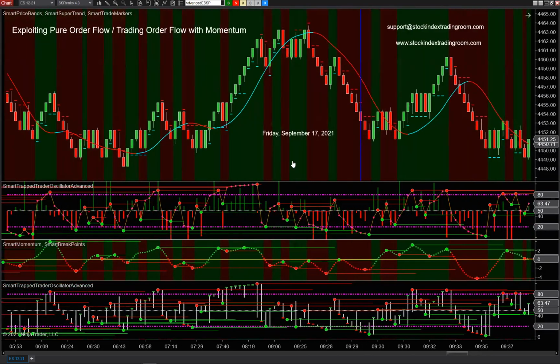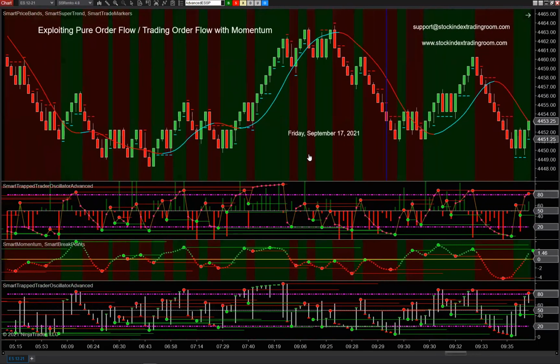So this was Friday, just a long-term look at the chart. Since it is subjective, it probably will appeal to advanced traders substantially more than novice traders. But I think if we're not at an advanced level in understanding the market action, we all want to be there. So, exploring pure order flow from Friday, September the 17th, Stock Index Trading Room.